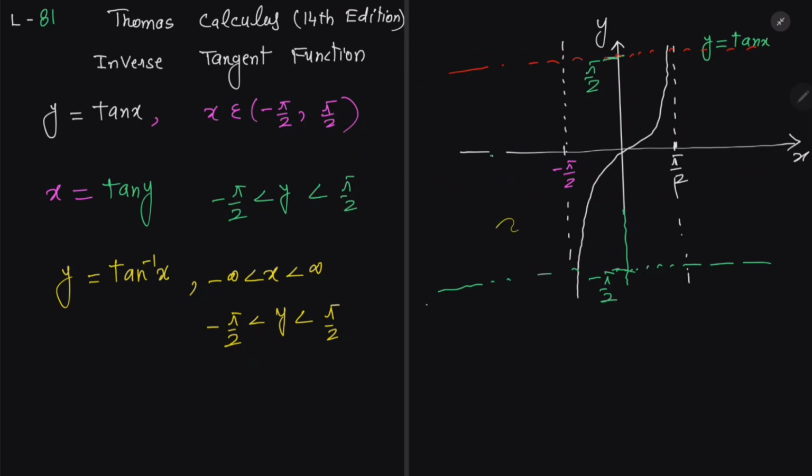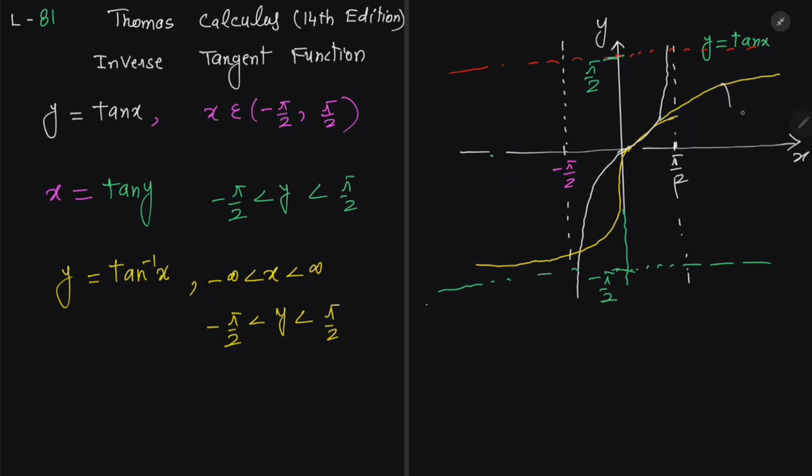So the actual function will look like this. I just draw a rough graph over here, something like that. Only one branch should come over here, and this is the actual one.